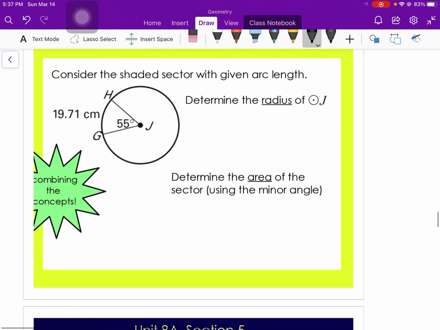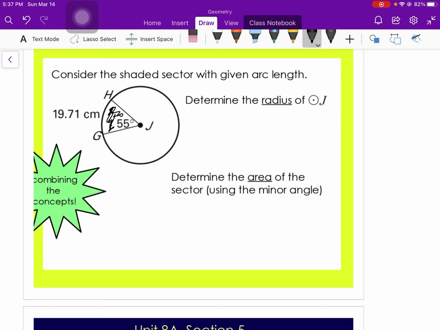And then the last one, this is kind of the type of problem where you have to work backwards. Consider the shaded sector with the given arc length. We don't see the shaded sector, but it's talking about this part over here. So determine the radius. Looking at this, we see that we have the arc length. That's what the value is on the outside. So we need to work backwards using the idea from the previous lesson with arc length.